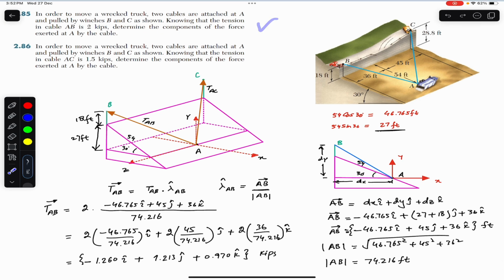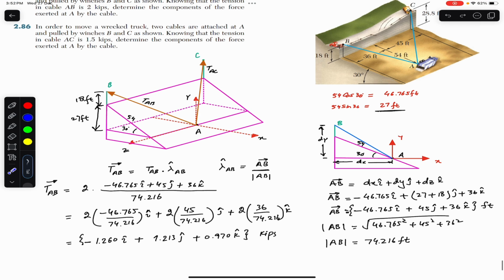Now in the second problem, we need to find the components of this TAC, which is acting from A to C. Again, everything will remain the same. The diagram will remain the same, just we are going to consider TAC. So from the side view, everything will remain the same. This point will become C, right?